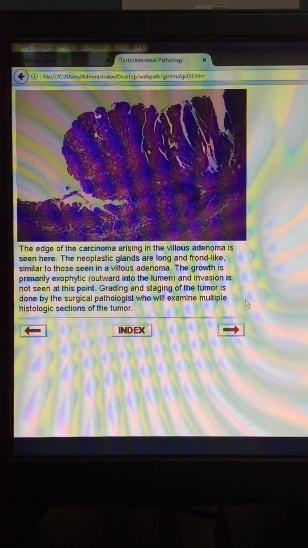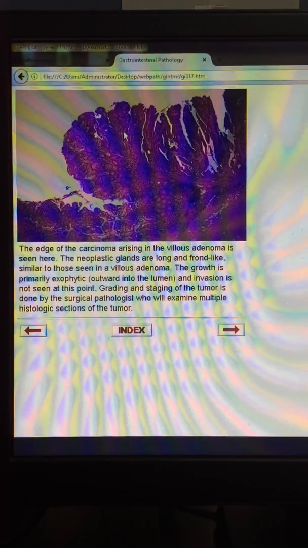This is a microscopic examination of the carcinoma arising from villous adenoma. Here you can easily recognize the presence of adenoma in this part, the adenomatous growth in the form of elongated crypts.